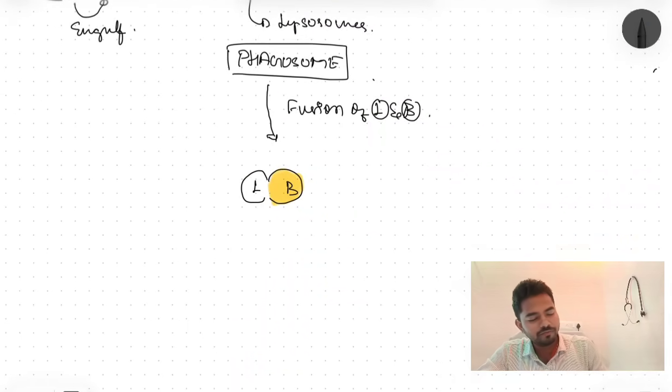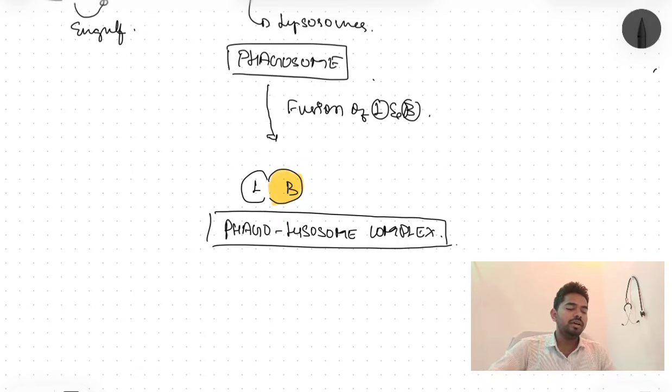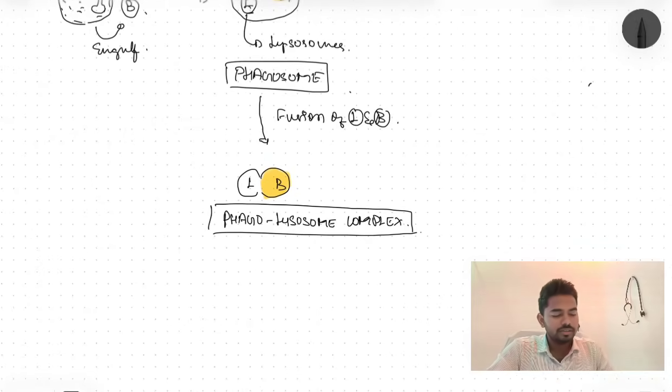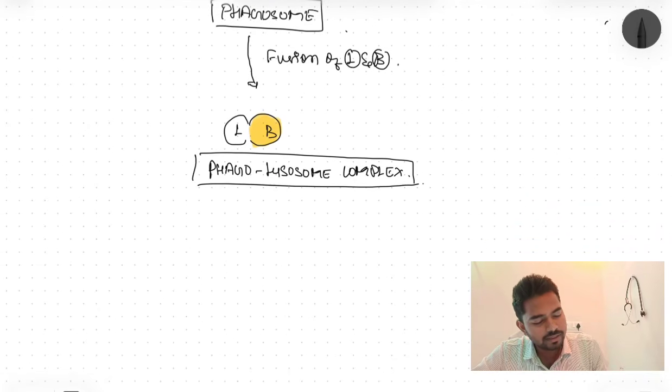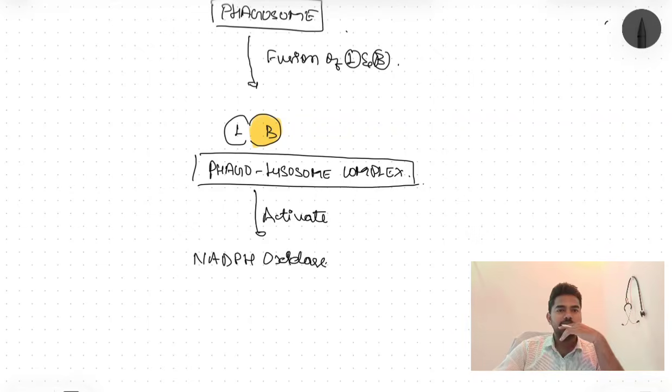We'll call this structure phagolysosome complex. Guys, as soon as phagolysosome complex is formed, it will activate NADPH oxidase.